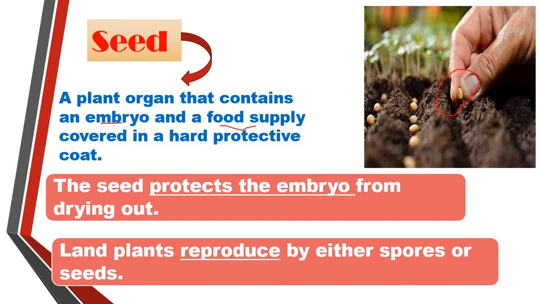So what are the functions of seed? First, the seed will protect the embryo by its hard protective coat from drying out. Also, this is the way of the plant reproduction. When the seed gets inserted inside the soil, it will grow to a new plant.